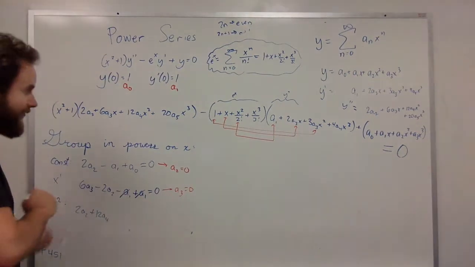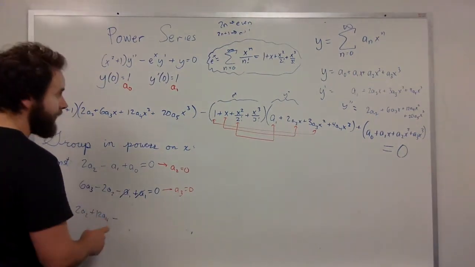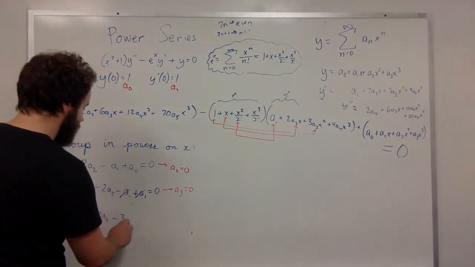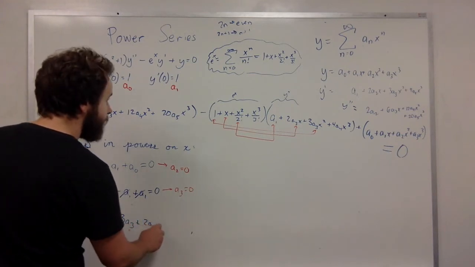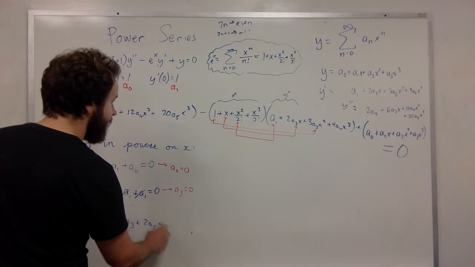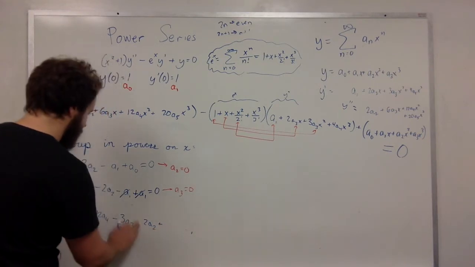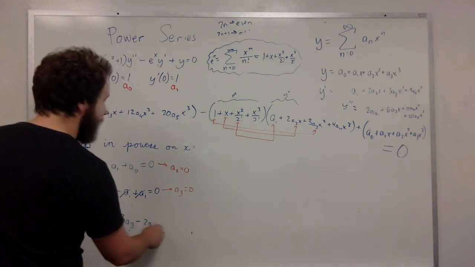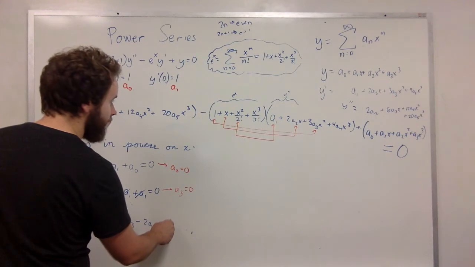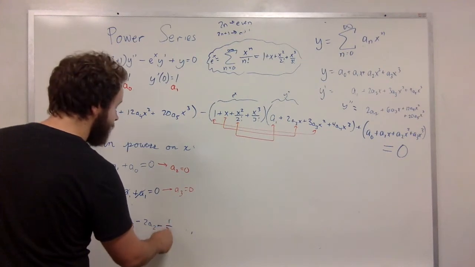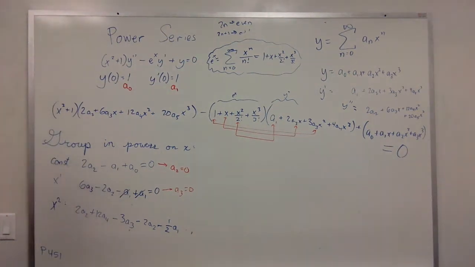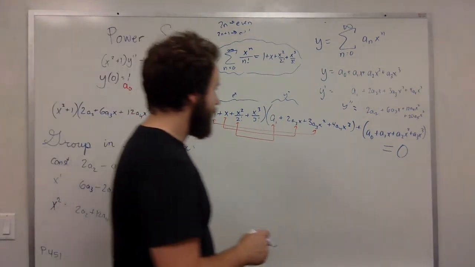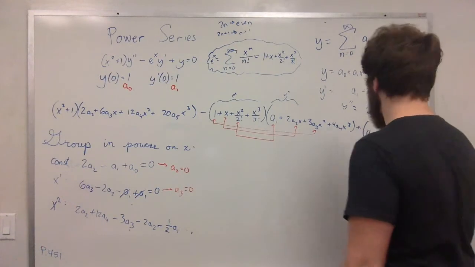So minus 3a3, plus 2a2, minus 2a2, and then minus 1/2 a1. And then over here, our only x squared term is plus a2.